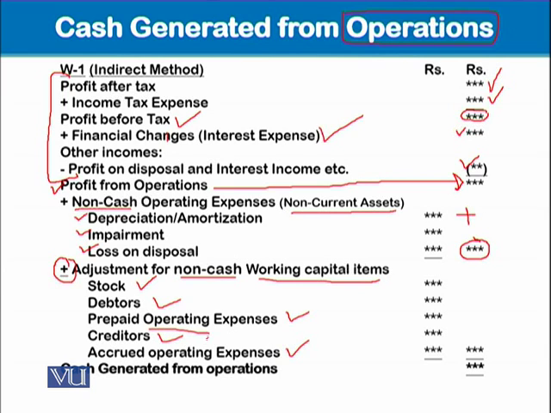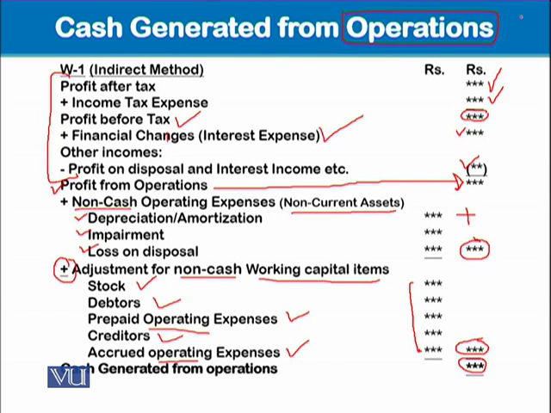I'm saying operating expenses. So their working is done in this part. So that after its adjustment we will get exactly the same cash generated from operation that we in fact work out under the direct method.